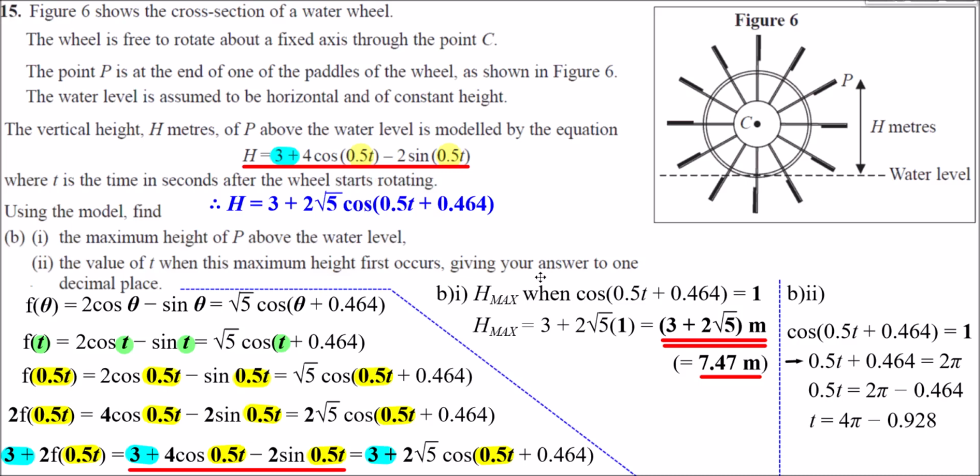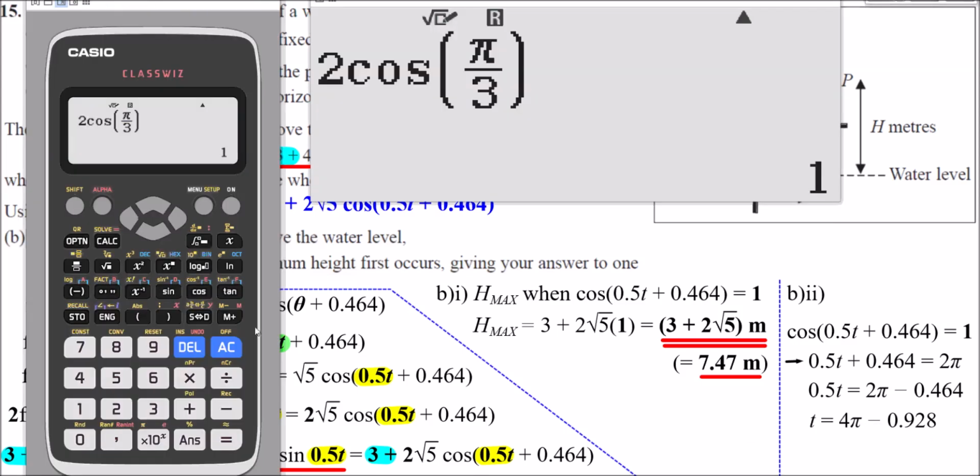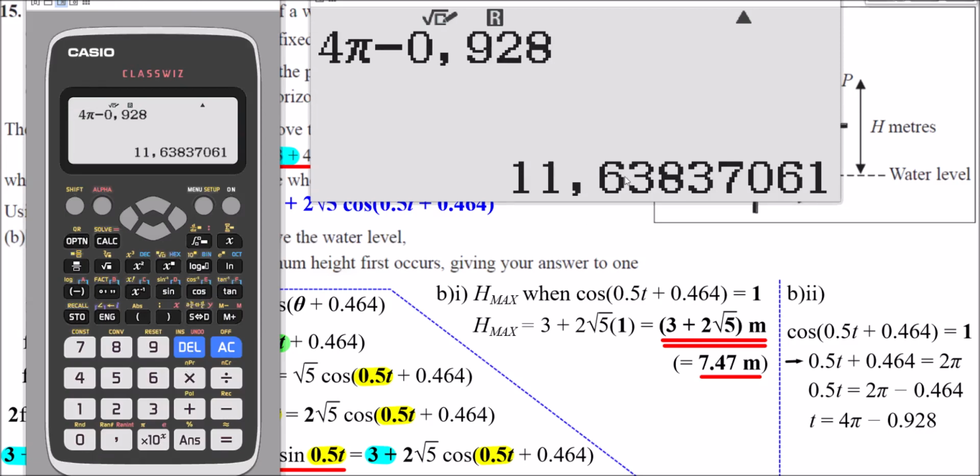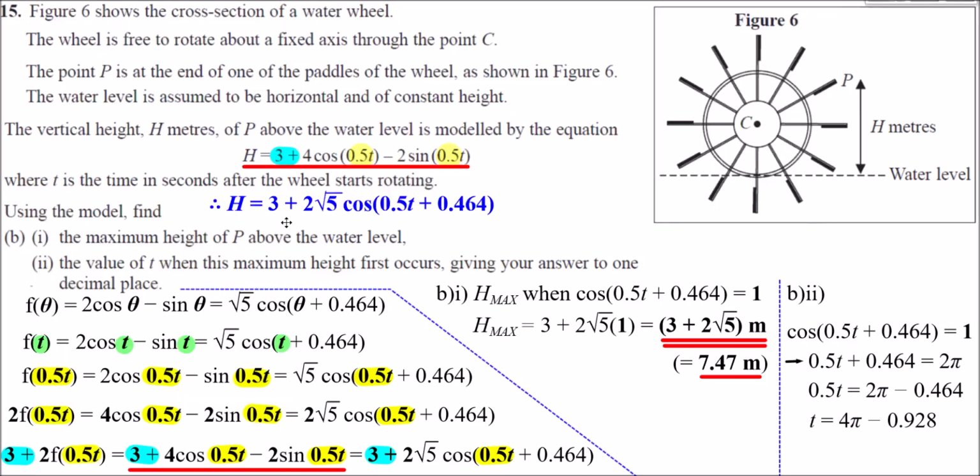Then because I need this as a decimal answer, if I type in 4 shift pi minus 0.928 on the calculator, that gives me 11.6. So to one decimal place, it's going to be 11.6 seconds.